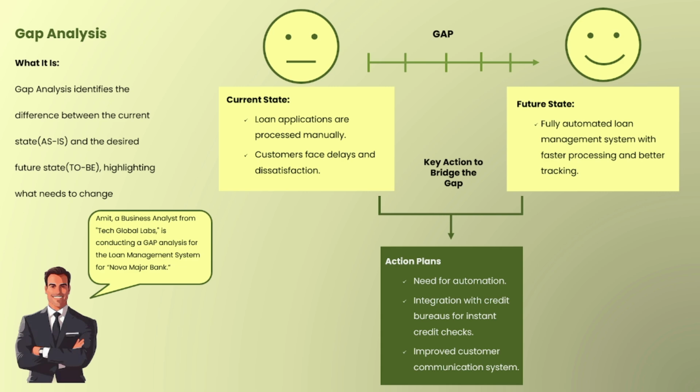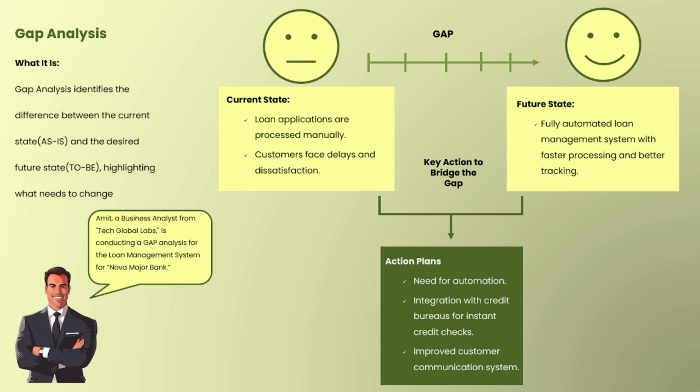Again I am telling you that credit score is mandatory while providing a loan to any customer, and if we get that credit score from the credit bureau very quickly, then the loan processing can be improved or enhanced. Then last, an improved customer communication system, meaning our communication with the customer should be very clear, so we can tell them the status of their loan application. In this way we can bridge that particular gap.